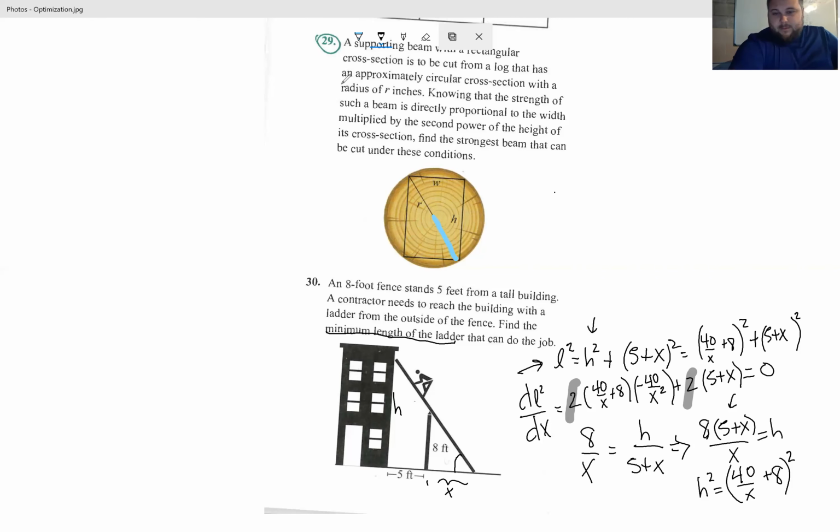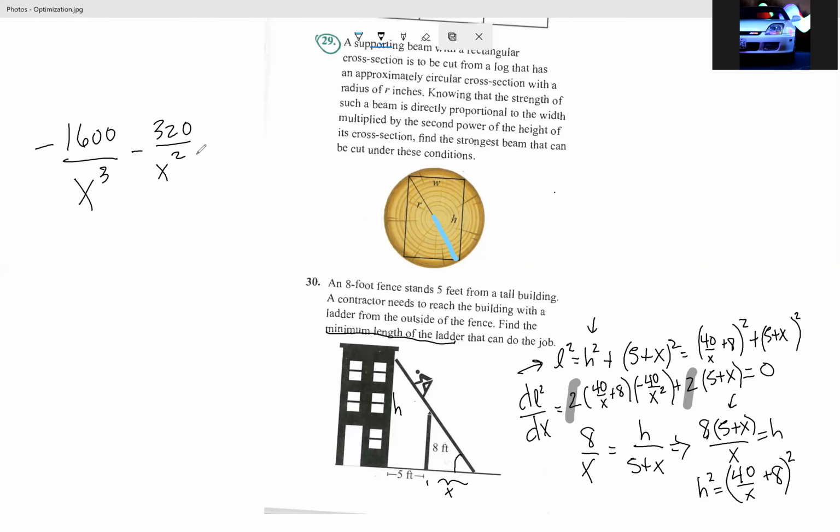So we've got negative 1600 over x cubed minus 320 over x squared plus 5 plus x.